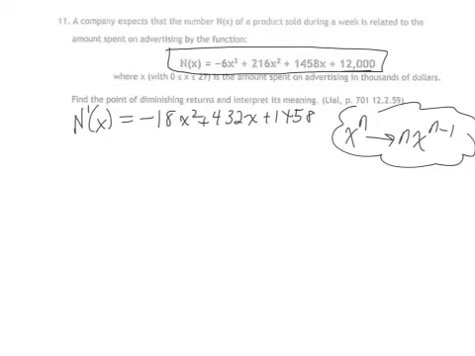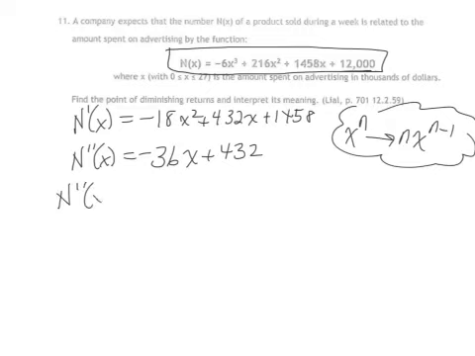And then we're going to take the second derivative of this function. Again, you're just following the power rule. So our second derivative will be minus 36x plus 432. In order to find that point where the concavity changes from up to down or down to up, we're going to have to find that point of inflection, which means we're going to set the second derivative equal to 0.